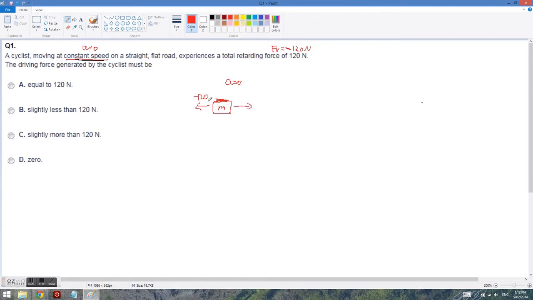Otherwise, there will be a net force, and the acceleration will be different. So the driving force must be the same as the retardation force, that's the friction force, and this is your answer.